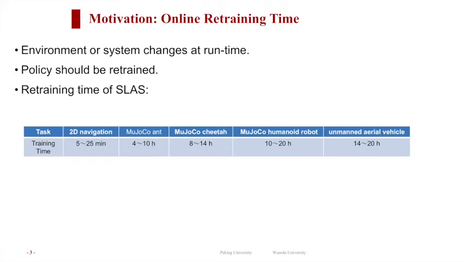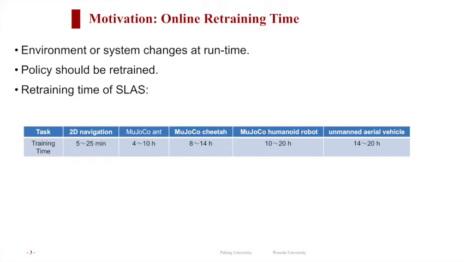This table shows the replanning or retraining time when the settings of the environment are changed. For example, at the beginning, we use reinforcement learning to plan a movement policy for the MuJoCo ant. The ant is a robot with 4 legs. After the training process converged, one leg of the ant is broken.